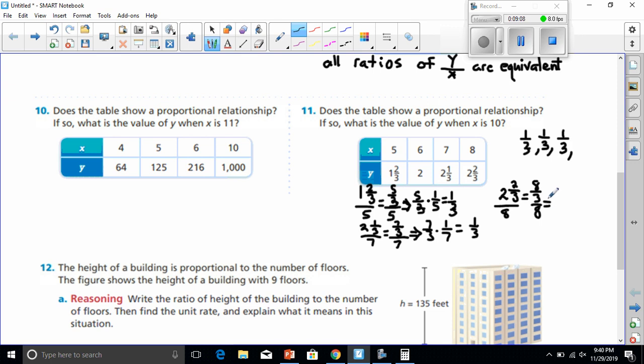Using KFC, this would be 8 over 3 times 1 over 8. And again, we can cross out those 8's, leaving this with 1/3. So we've got 1/3 as the ratio for y over x in every single one of these, which means it is proportional. Does it have a proportional relationship? First, the answer is yes.